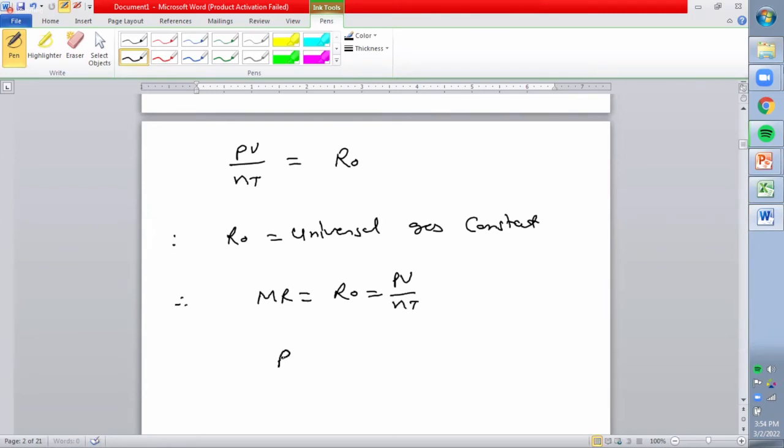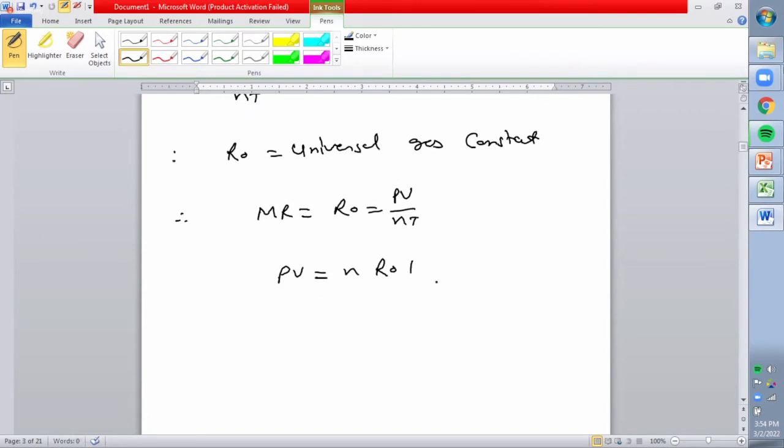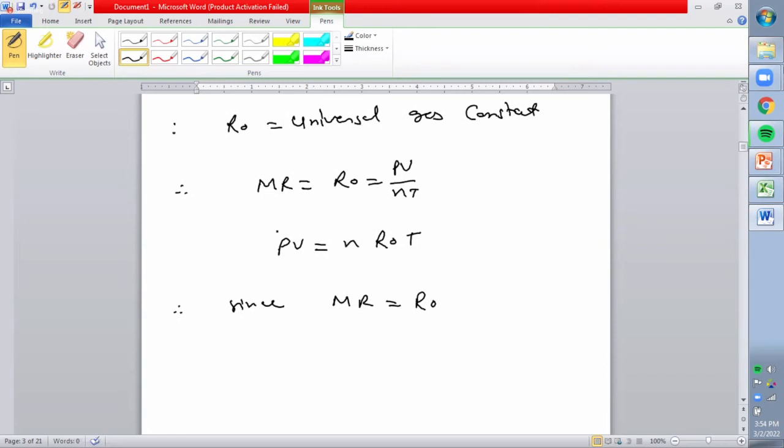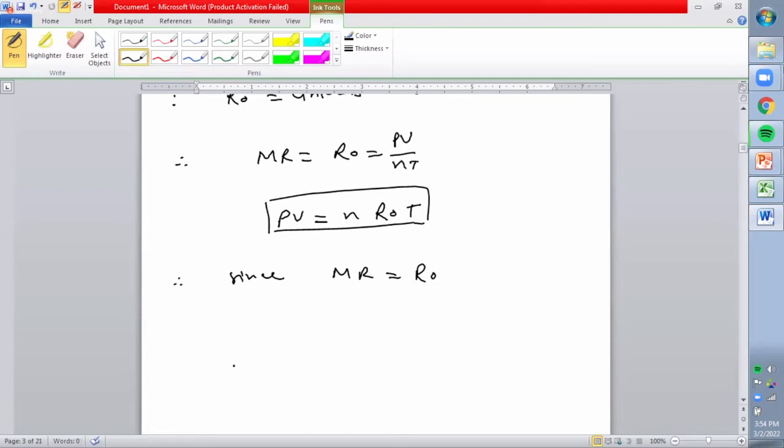So we can say that PV is equal to nR0T. Since MR is equal to R0, the value of R is equal to R0 by M.